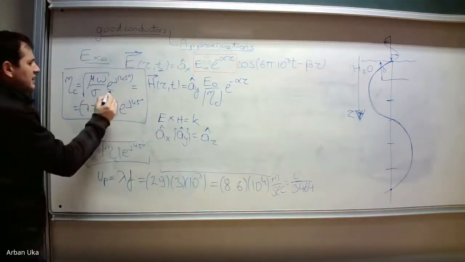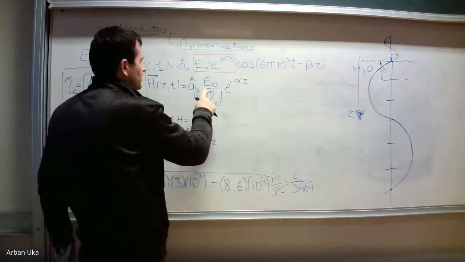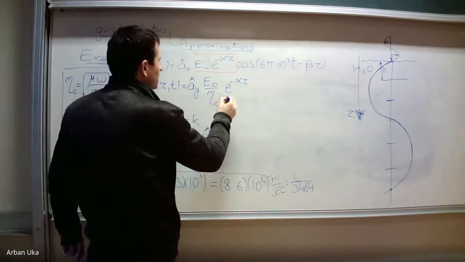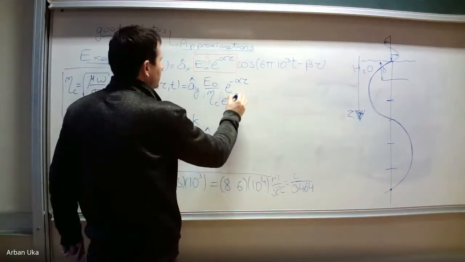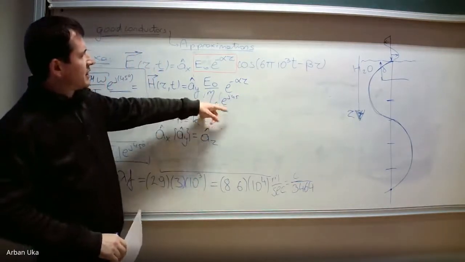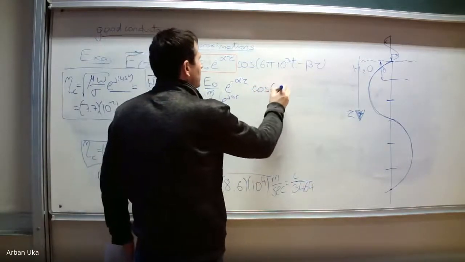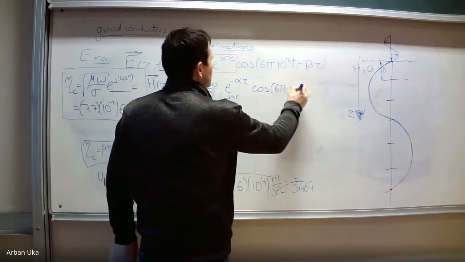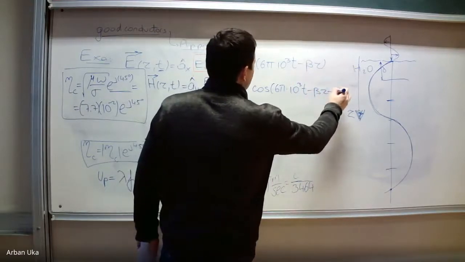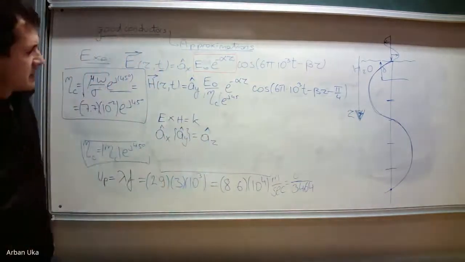And this phase angle, let's not forget, before we divide by this, we're going to have e to the power j 45 degrees. Dividing by this parameter, we get the form cosine of 6 pi times 10 to the power 3 t minus beta z minus pi over 4. So this 45 degrees is this.